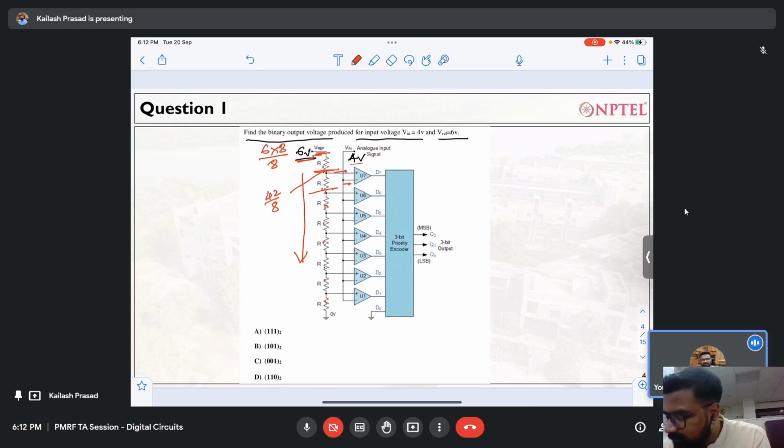Similarly, this will be 36 by 8, this will be 30 by 8, this will be 24 by 8, this will be 18 by 8, this will be 12 by 8, and this will be 6 by 8. This is how the voltages will be.